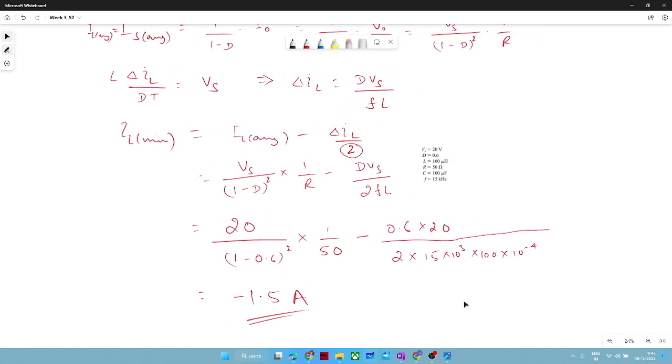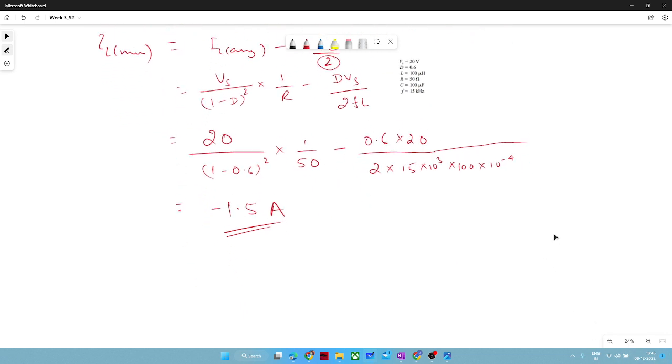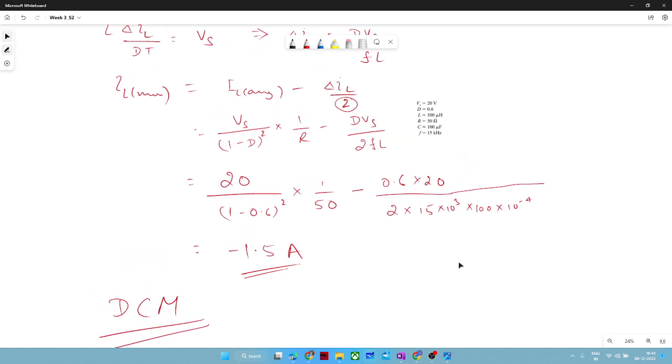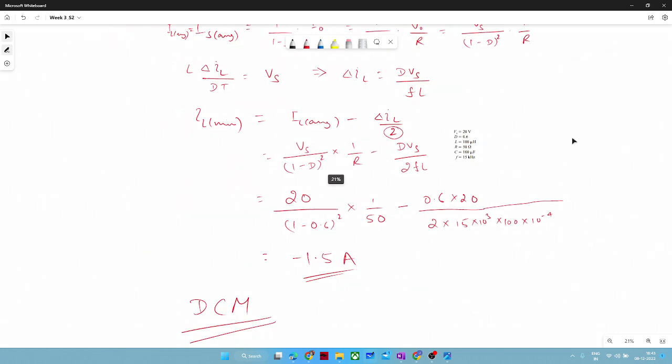Now it is very clear, your inductor current can't go in the negative direction, right? The inductor won't allow that. The circuit conditions are not such that they allow the flow of current in the negative direction. So we can interpret that this converter is in DCM, right? Is this part fine?